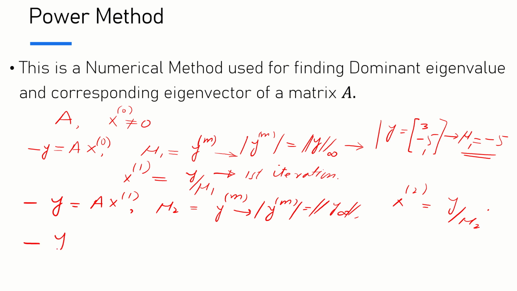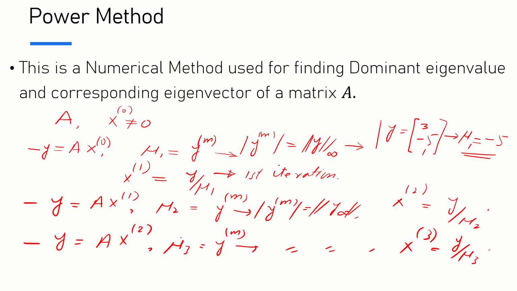Again y is equal to Ax2. Now finding mu3, which is the mth component of y where the condition is satisfied, and then we find x3. X3 is again the normalized vector, divided by mu3, and so on.